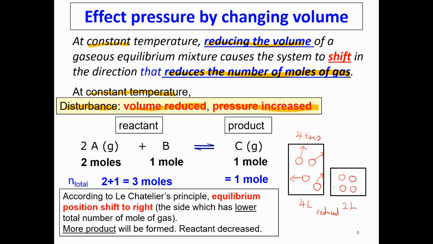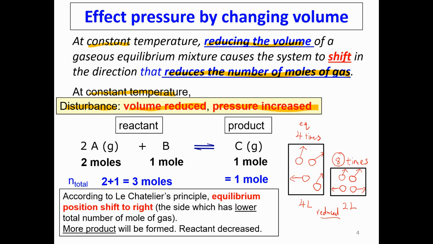Now, when I reduce it to a smaller volume, the molecules will hit the wall more frequently because the distance has been reduced. So maybe, for example, they hit 8 times. At equilibrium, it should only hit 4 times. But because I reduced the volume, it is no longer in equilibrium because it has changed to 8 times.